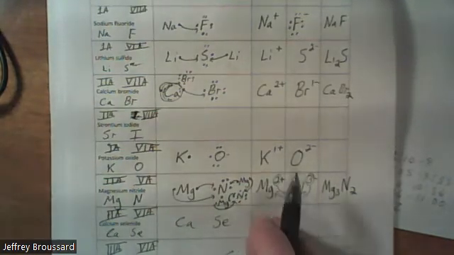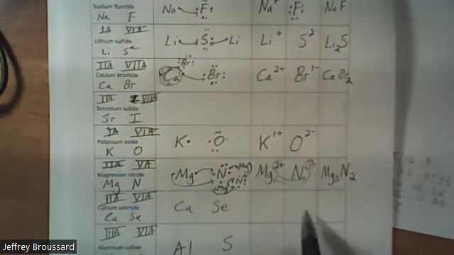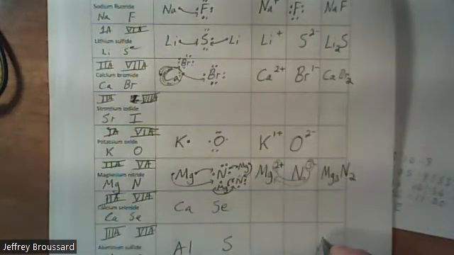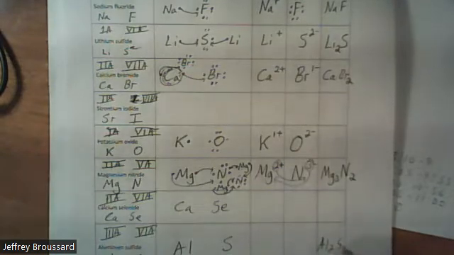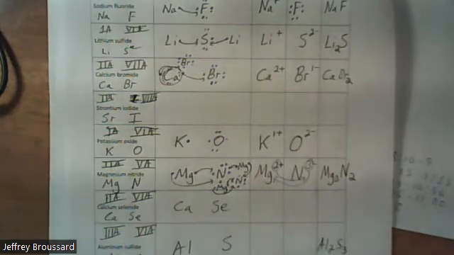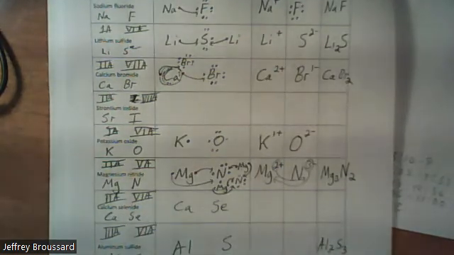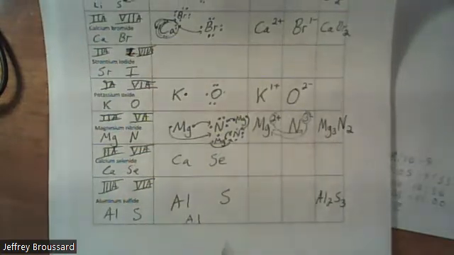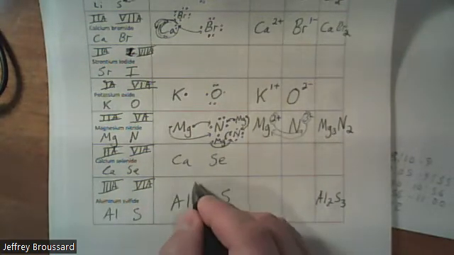I think at this point you should probably be able to come up with these charges on your own. One way that I might be able to help you on this is I will tell you that this formula is Al2S3, which means you're going to need 2 aluminums. Draw 2 aluminums and 3 sulfurs.